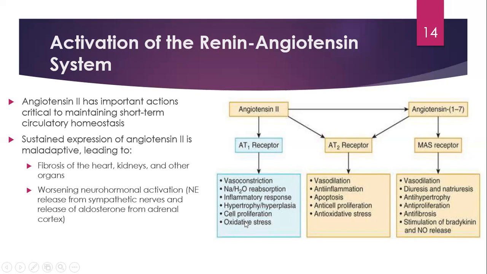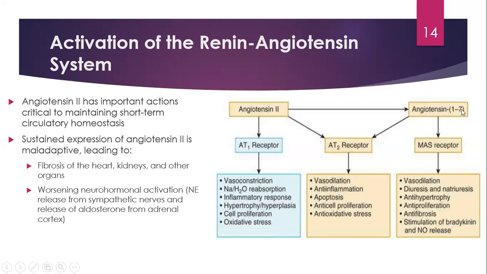This is very important, the oxidative stress, because it's central in causing damage to the myocytes themselves and leading to irreversible heart failure. But when angiotensin 2 acts on the AT2 receptor, beneficial effects we see. So vasodilatation, anti-inflammation, apoptosis, anti-cell proliferation, and then anti-oxidative stress.